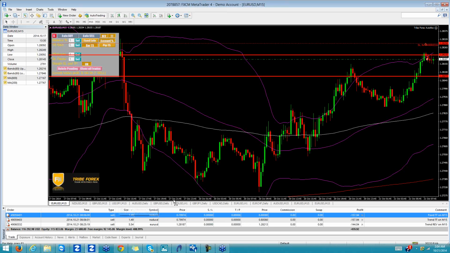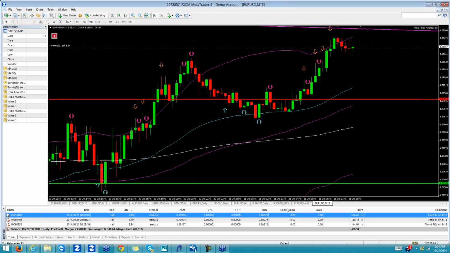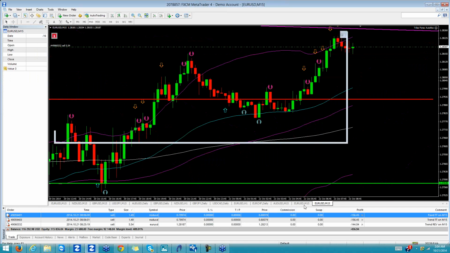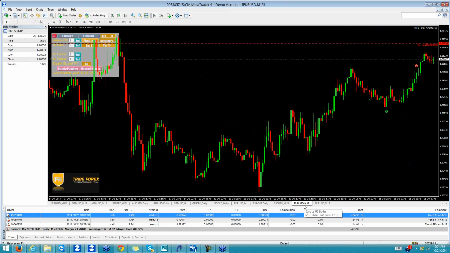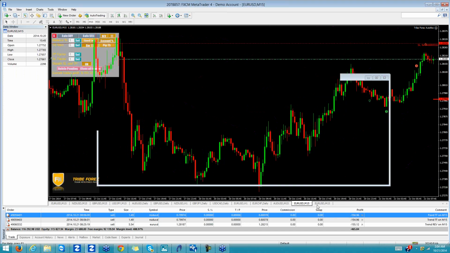Let's take a look at the dollar Swiss, since we did have Swiss news, albeit not exciting. It wasn't exciting, that's for sure.